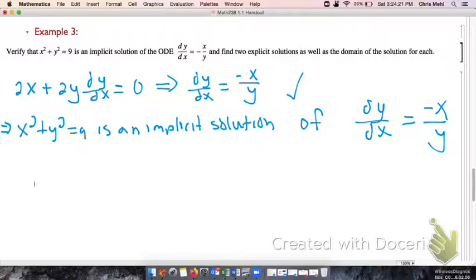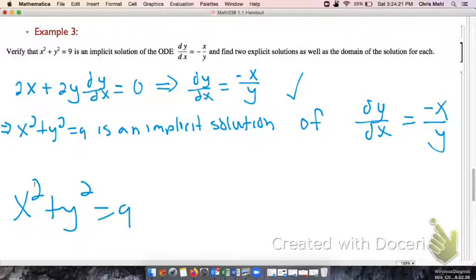So that was a first order differential equation. Now, that's just verifying that's an implicit solution. Now what I need to do is I need to find two explicit solutions as well as the domain of the solution for each.